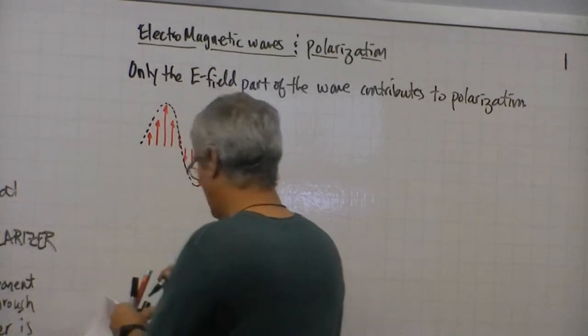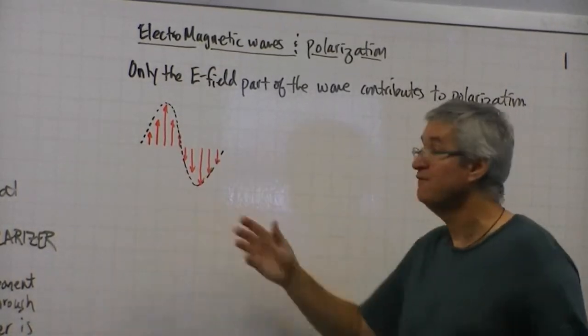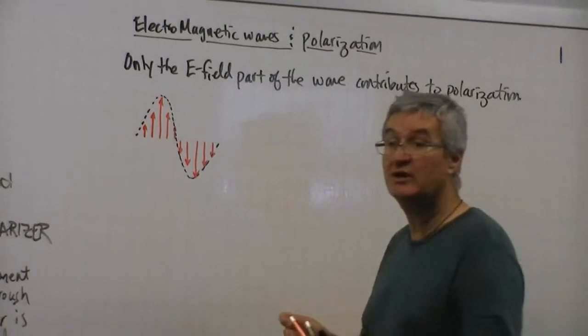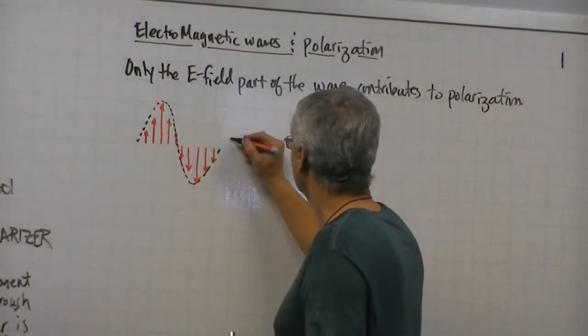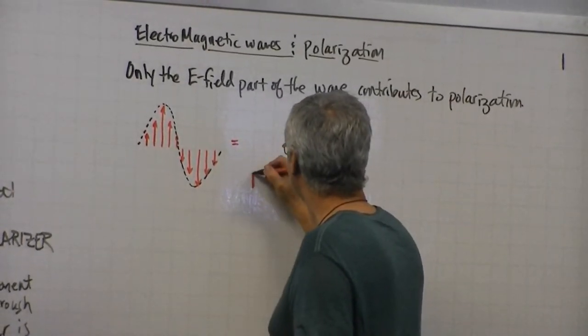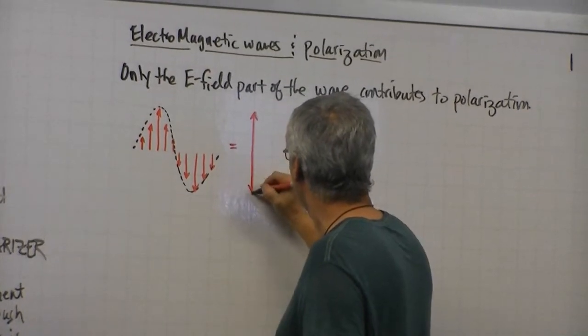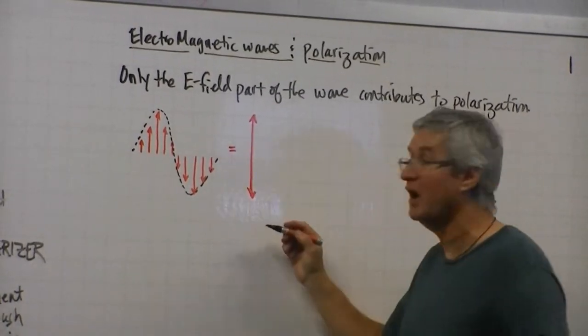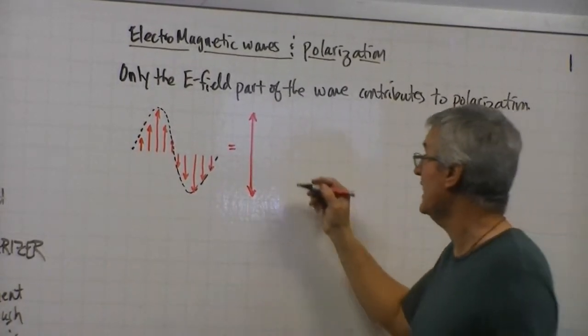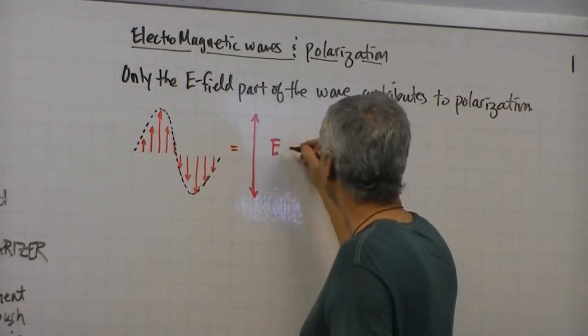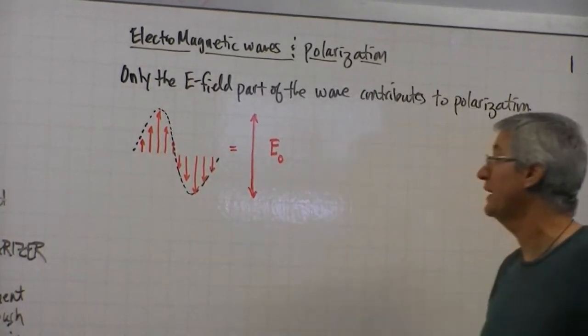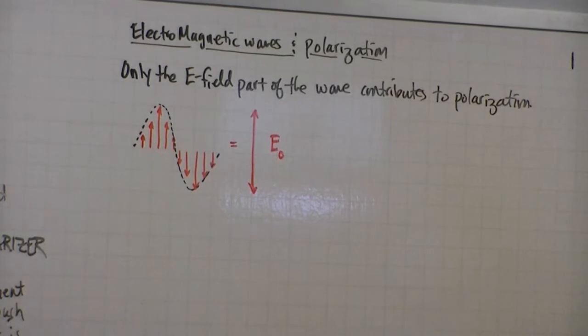And the way we define this wave is we look at the amplitude. So I will then draw the polarization of this wave by this amplitude, and this amplitude is written as E initial here.